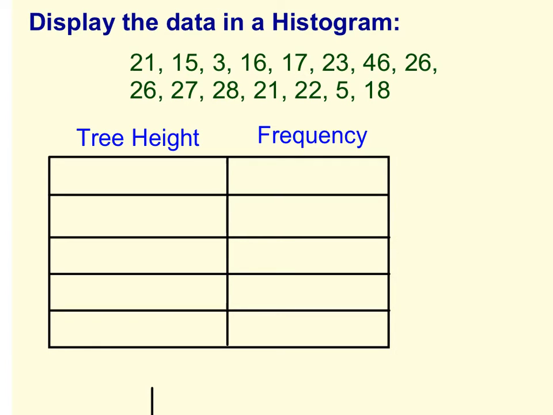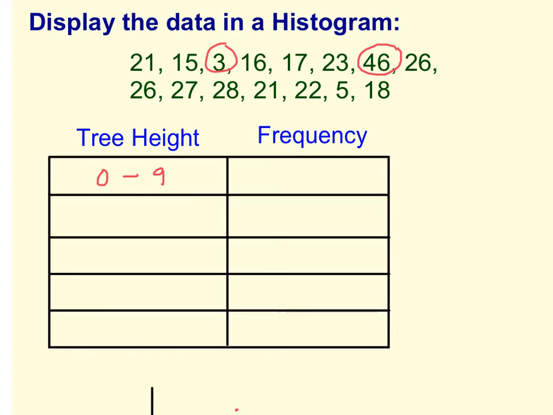So first, let's take a look at this data that we have. It's always helpful to identify the range of the data. Our smallest number looks like a 3, might be our shortest tree, going all the way up to a 46. So I'm going to do a frequency table that starts from 0 to 9.